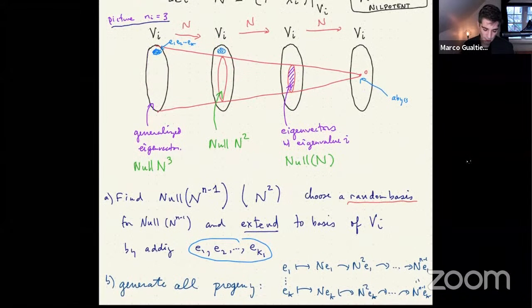In the sense that this is now playing the role that our original space played. So now what we're interested in is we need to find the longest lived elements inside here, inside the null space of n squared. So how do we do it? Well, first we find the ones that are not the longest lived.